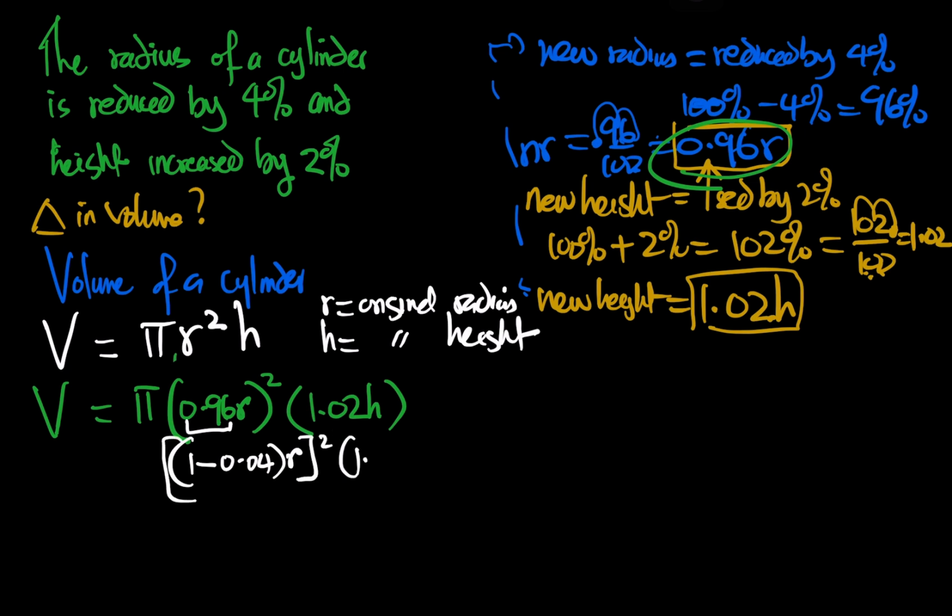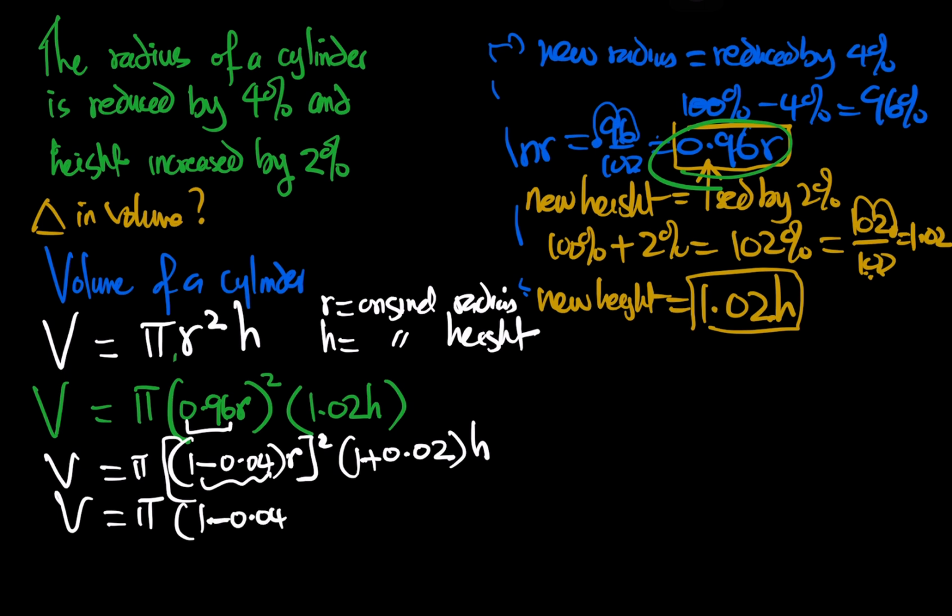The 1.02, we can also manipulate, and that's going to be 1 plus 0.02, with an h outside. There's a pi, and there's our V. The square affects the first factor, so it's going to be pi times (1 minus 0.04) squared, times r squared, times (1 plus 0.02) times h.